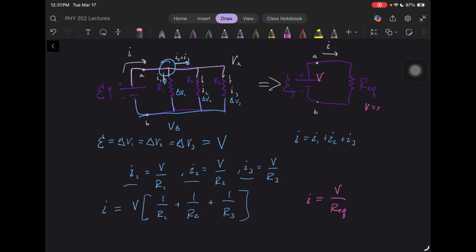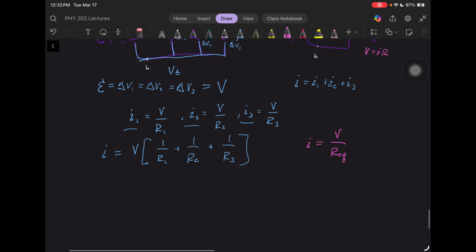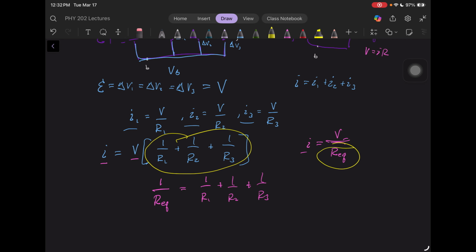We took V equals IR and just rearranged it for this circuit. Okay, and so we know the I and the V's are the same. And so what we can write is 1 over REQ is equal to 1 over R1 plus 1 over R2 plus 1 over R3. Because if the I and the V are the same, then this and this must be the same. Well, I guess the 1 over that must be the same.